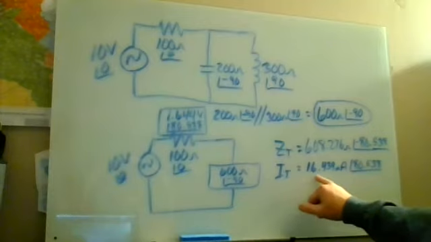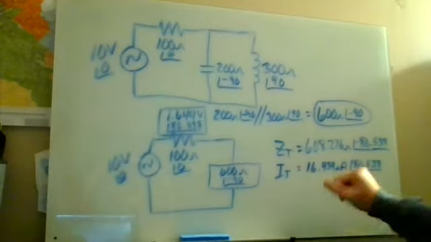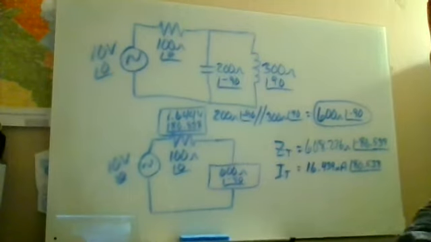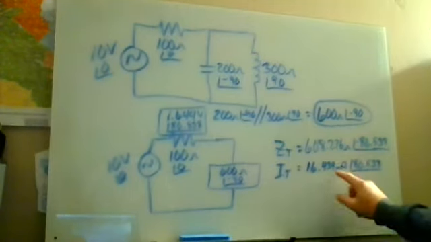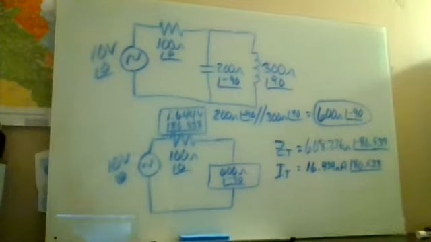Milliamps. So it should have been 16.439 exponent -3. You left out your milliamps. You made it 16.439 amps, and that's how you got 164.39 milliamps. So I had to put that exponent -3 in. Okay, thank you.